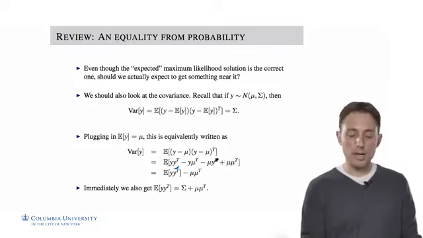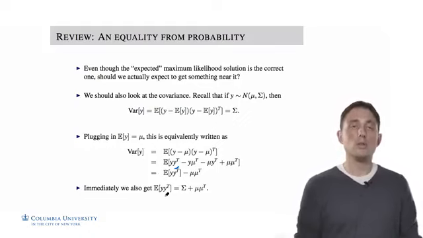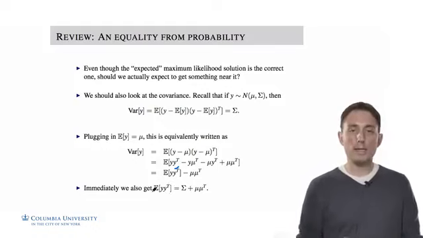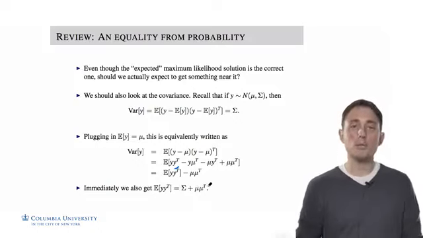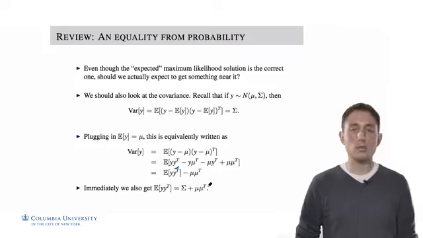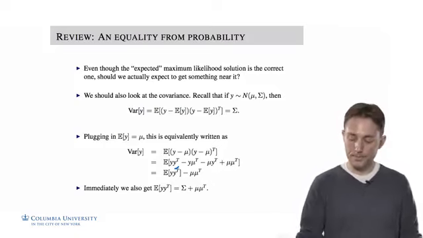So we have minus 2 mu mu transpose plus mu mu transpose, which gives minus mu mu transpose, plus the expectation of y y transpose. And that's equal to the variance. And so immediately we can say that with this Gaussian, the expectation of y times y transpose is equal to the covariance plus the mean times the mean transpose. This is an equality that we'll find useful in a moment.